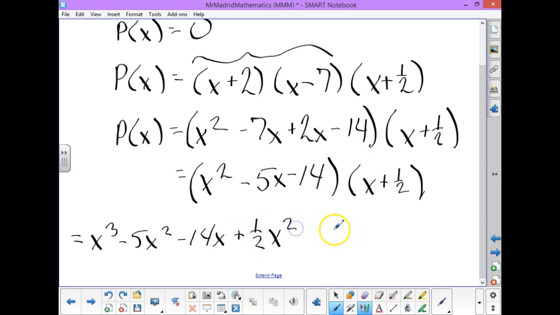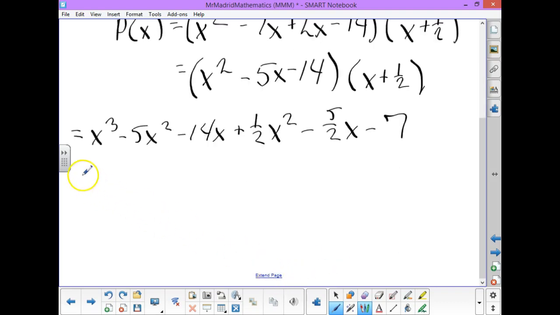Half x squared minus 5x and minus, whoops, I was going to just put minus 14, but it's half of 14. So it's a -7. And the last step here, I'll be combining like terms.